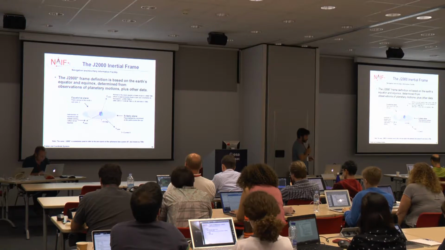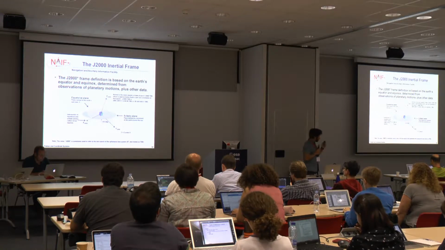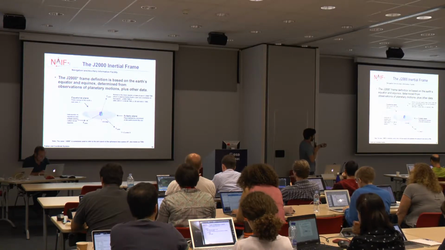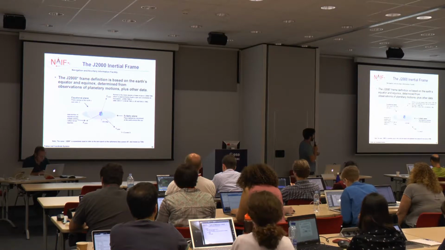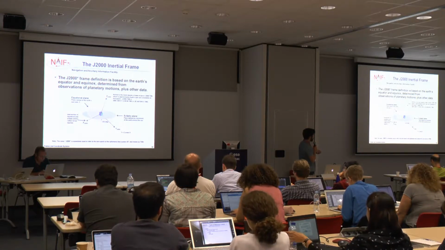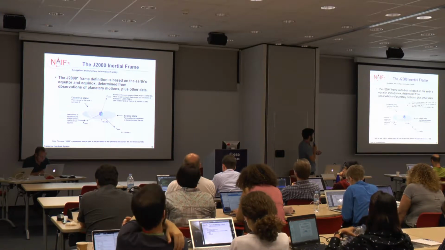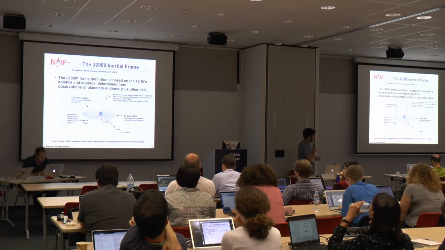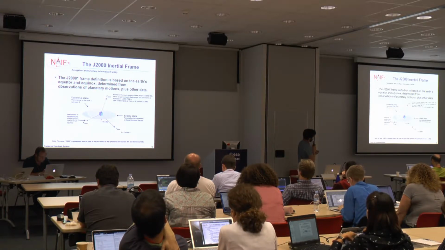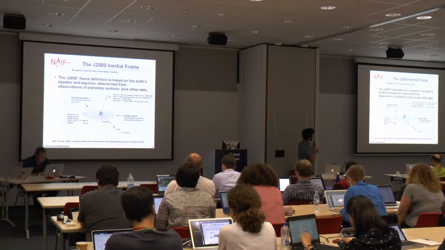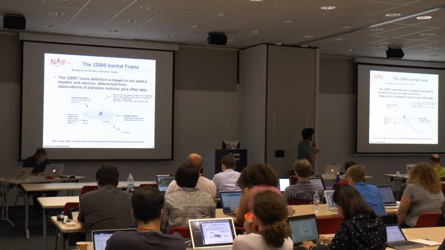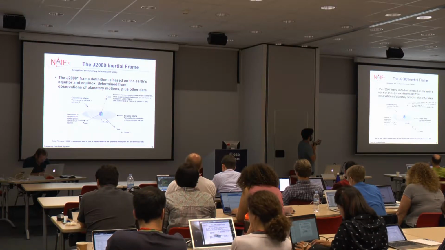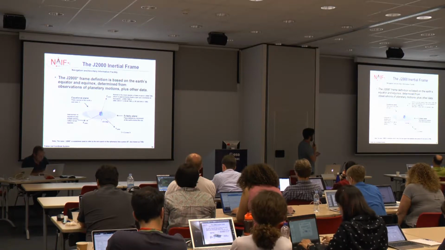So for J2000, don't get confused, because J2000 is the name that we usually also use for the zero epoch of the ephemeris time system. This frame definition is based on the Earth equator and equinox, and basically what is determined from observation of planetary motions plus other data.